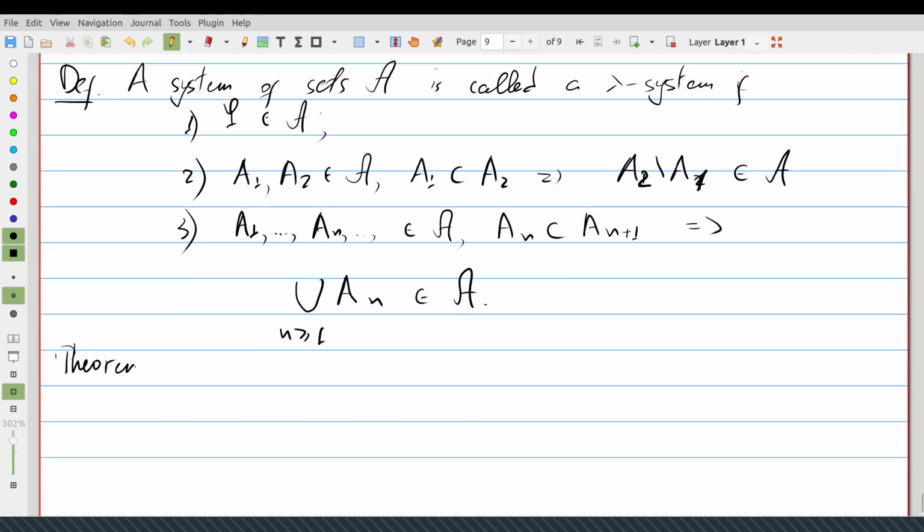Then the theorem we will use a few times. What follows is called the P-lambda theorem.